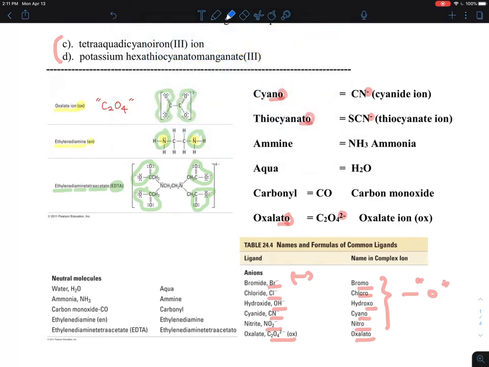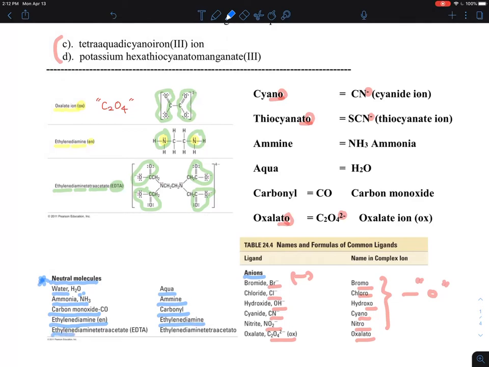And also this is more like a neutral, right? So this is an anion versus this is a neutral. For neutral, water is aqua. Ammonia has lone pairs of electrons, right? And this one is ammine. And then carbon monoxide is carbonyl. And then this is ethylene diamine.